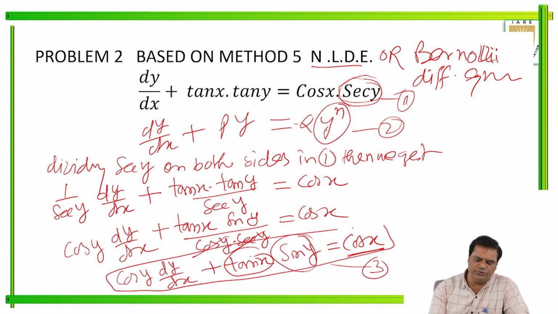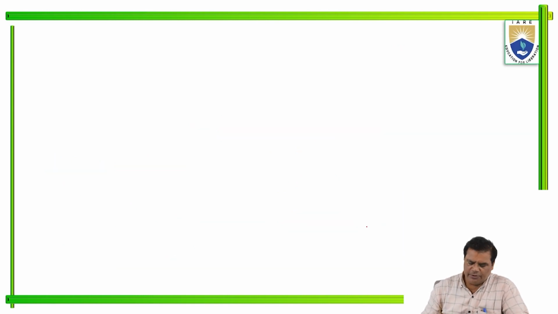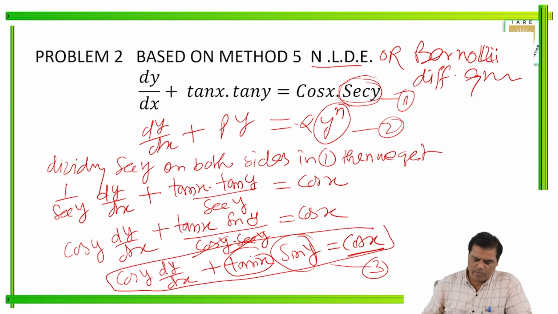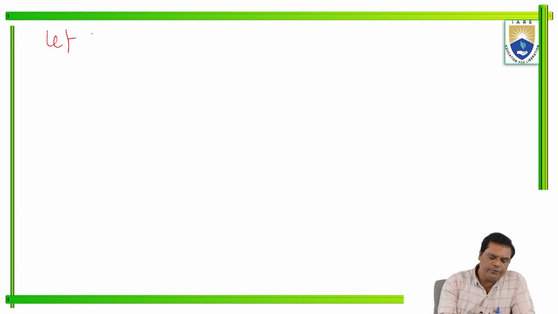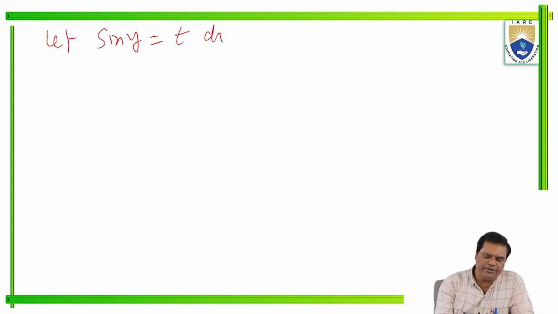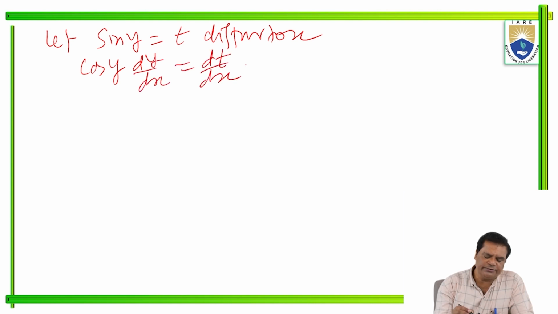In 3 we consider sin y equal to t. Let sin y equal to t, differentiating with respect to x. The differential of sin y is cos y dy dx, and the differential of t is dt over dx.